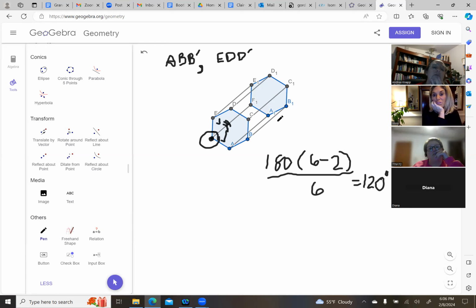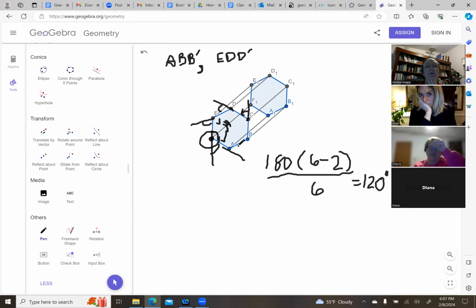Okay, if you're doing that, if you extended segment BC and looked at that exterior angle, and then you extended CD and looked at that exterior angle and did that all the way around, yes, the sum of those exterior angles would add up to 360, but that's not going to help you in this problem.